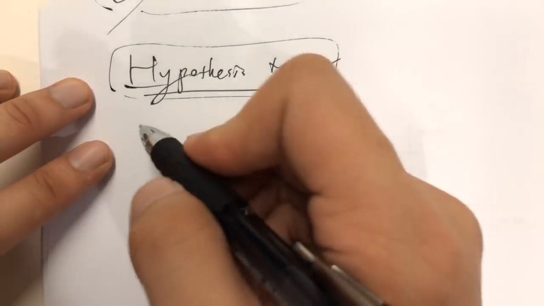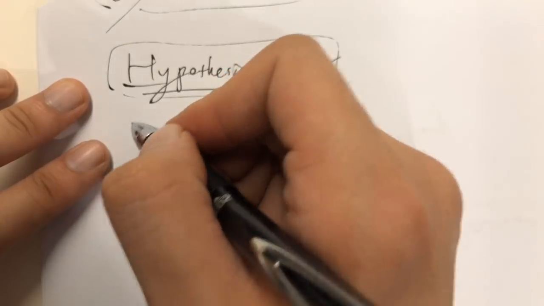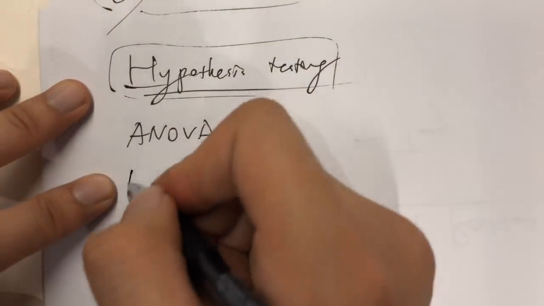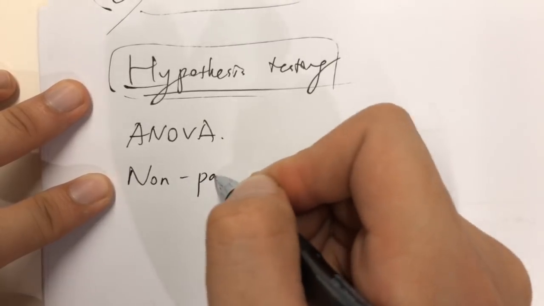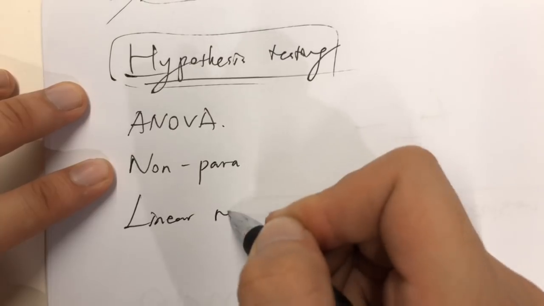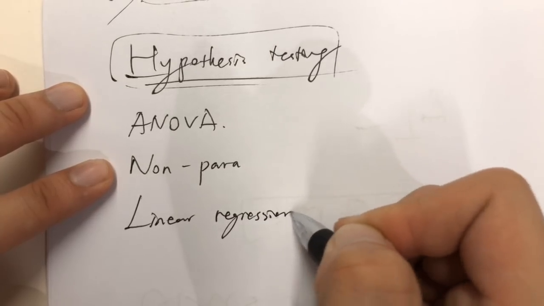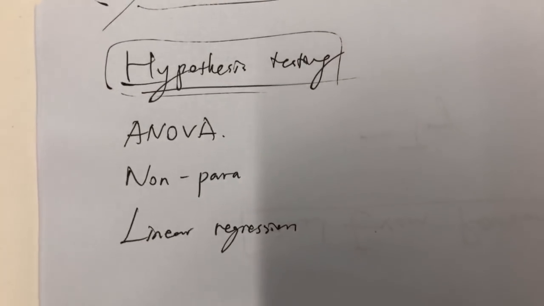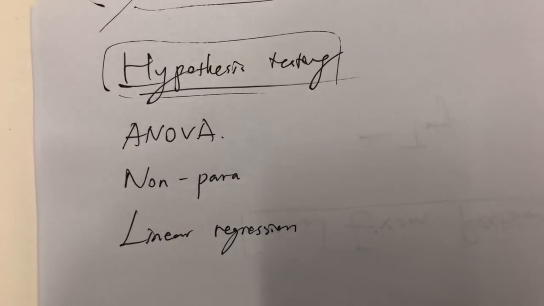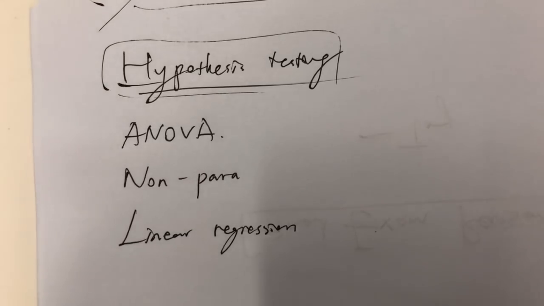And the new things after hypothesis testing are ANOVA, right? And non-parametric tests, as well as linear regressions, okay? So what we're going to be doing is to look at some past exam questions in 2012, because I think those questions are very good for you to do some quick revision.